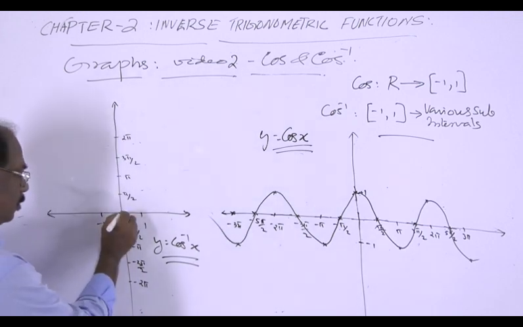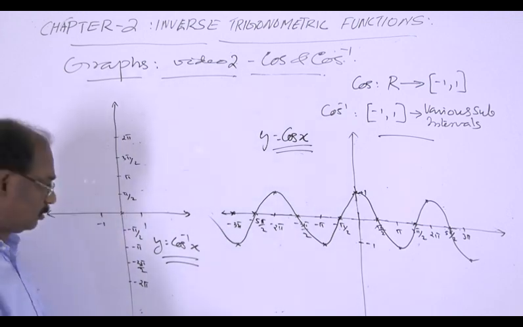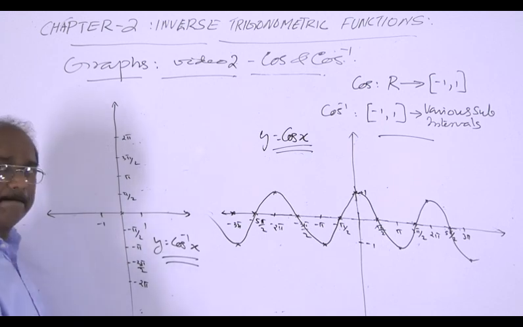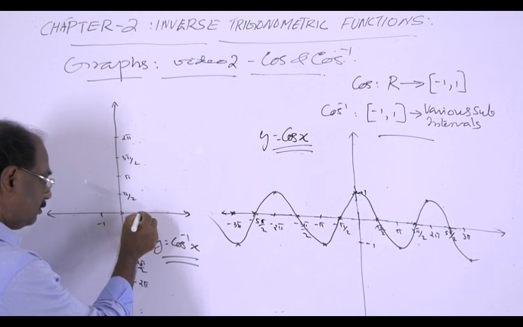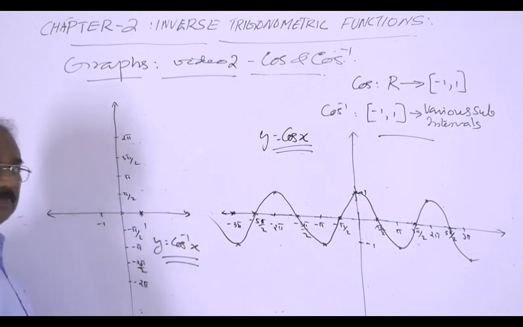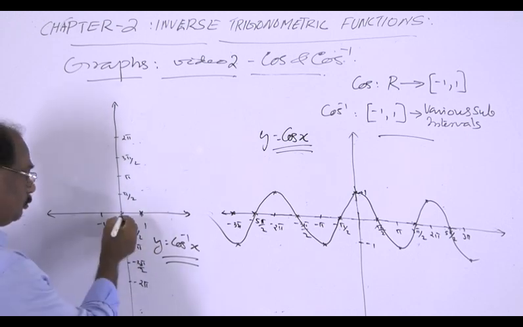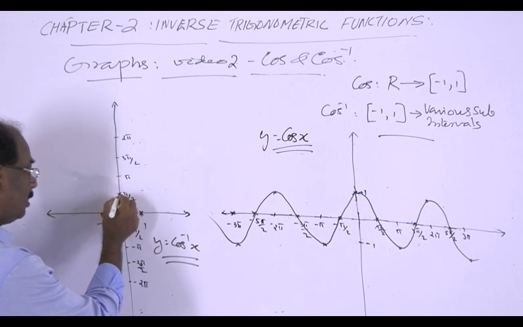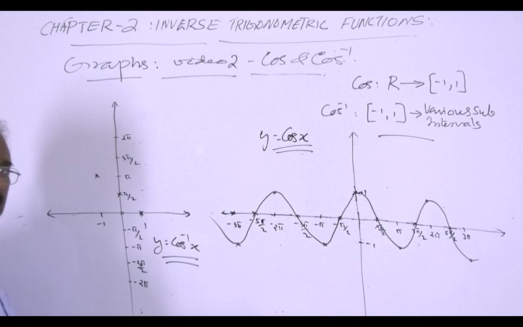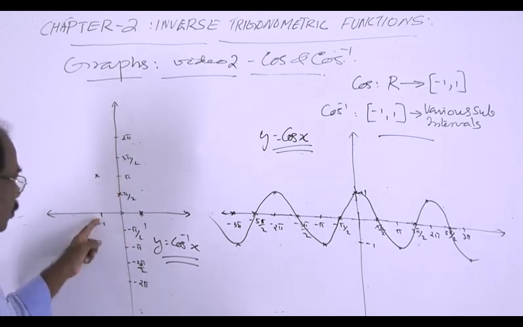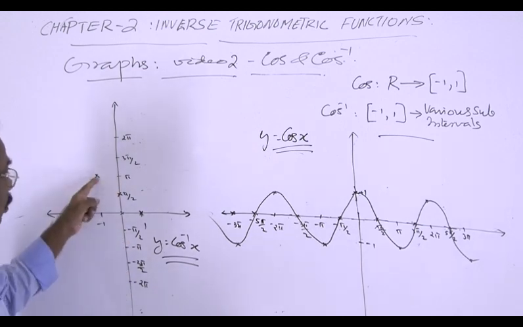So cos 0 is 1, and cos inverse 1 is 0. So mark the point here. In the case of pi by 2, the point is here. In the case of pi, cos pi is equal to minus 1, so cos inverse minus 1 is equal to pi.